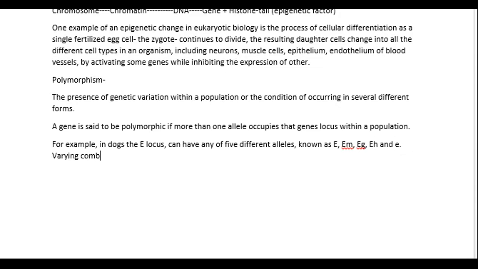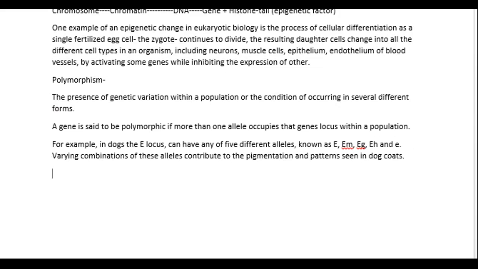These varying combinations of these alleles contribute to the pigmentation and patterns seen in dog coats.